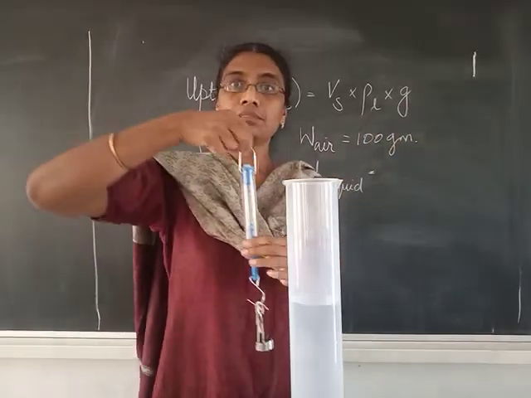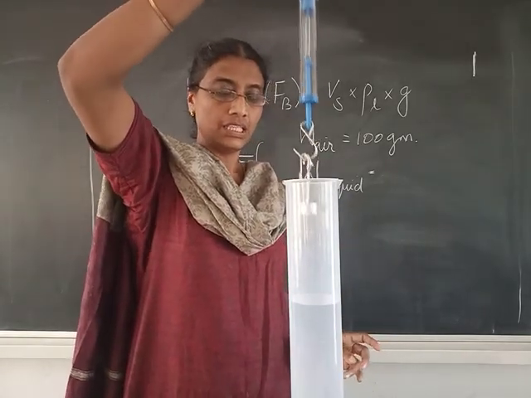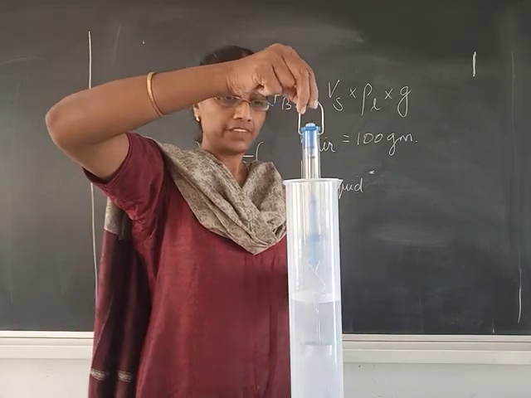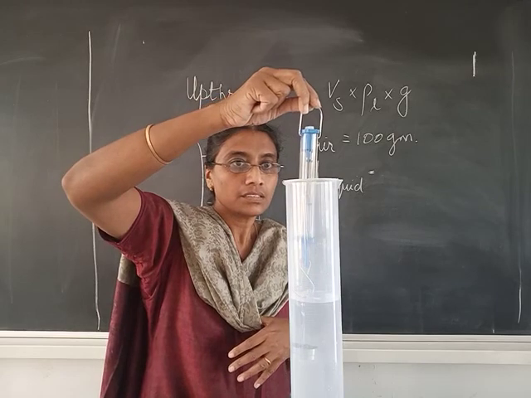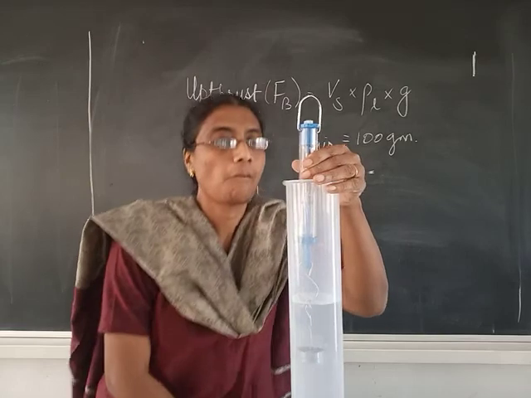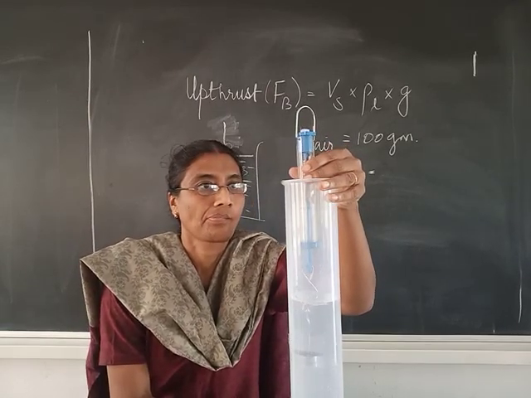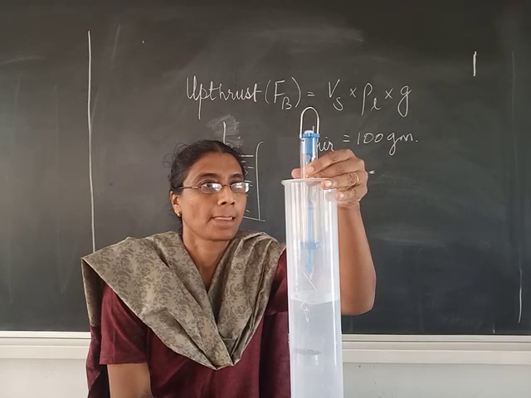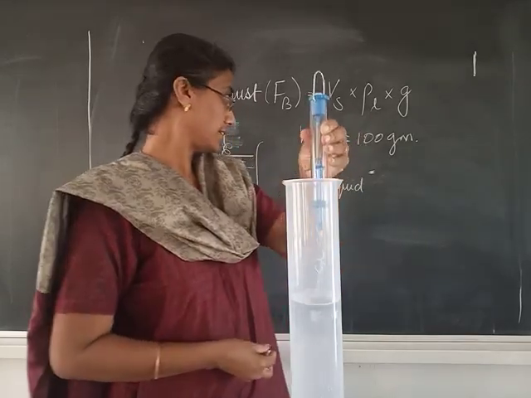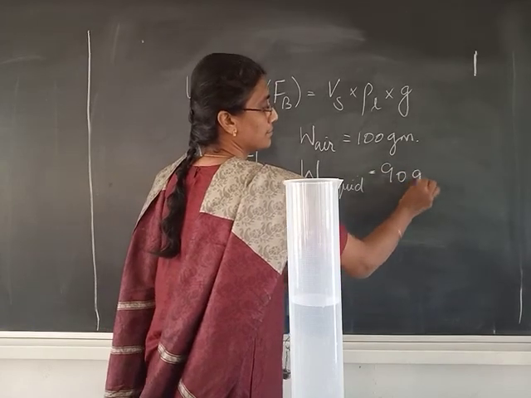Now, I'm immersing this in water. This is a beaker with water. I'm immersing it in water, and when I immerse it in water, you know what the weight is? Somewhere, I think it's 90 gram force.